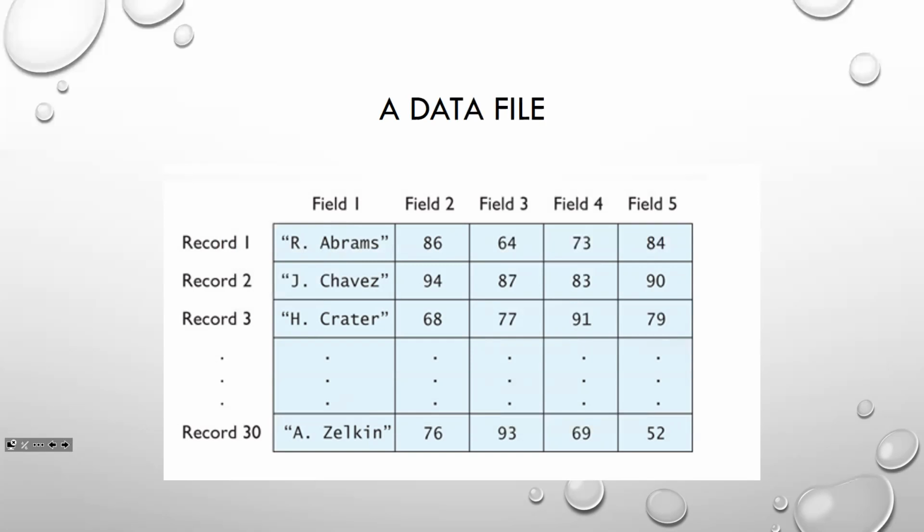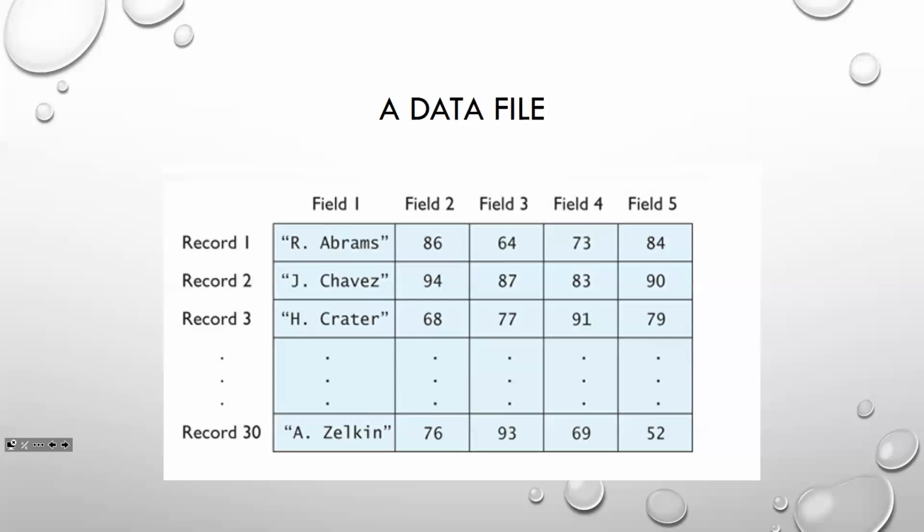So record 1 is for R. Abrams here, and he has scores of 86, 64, 73, and 84. J. Chavez has these other scores here. Each of these rows is a record about one student. When I look at each record, each piece of information, each column, is a field, a little piece of information.